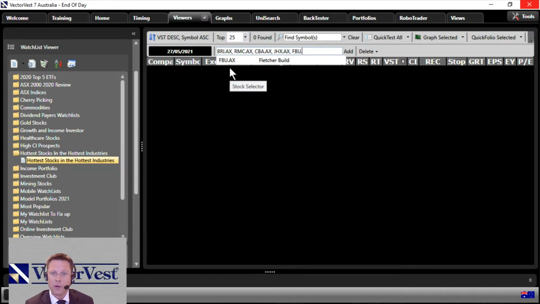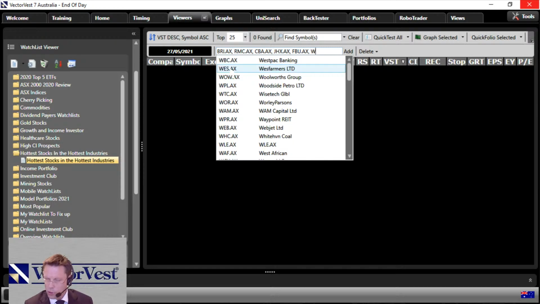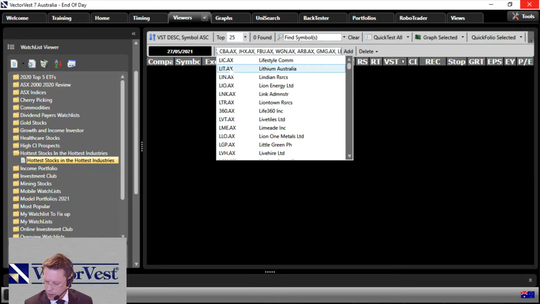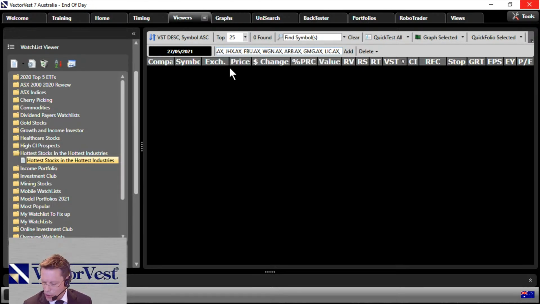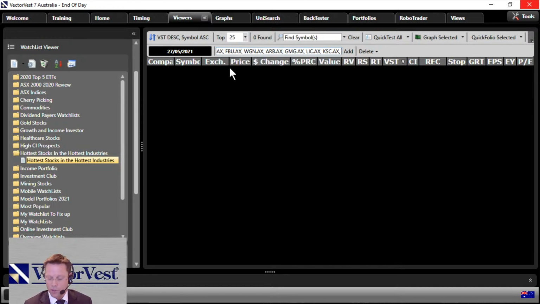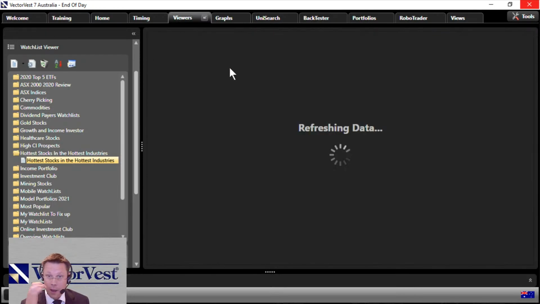JHX, FBU, we had WGN, ARB, we had GMG, LIC. I'm putting in .AX because it's telling VectorVest that this is for Australia. So there's a reason why I'm putting in .AX. You can do the same exercise for Canada, Europe, UK, for example.